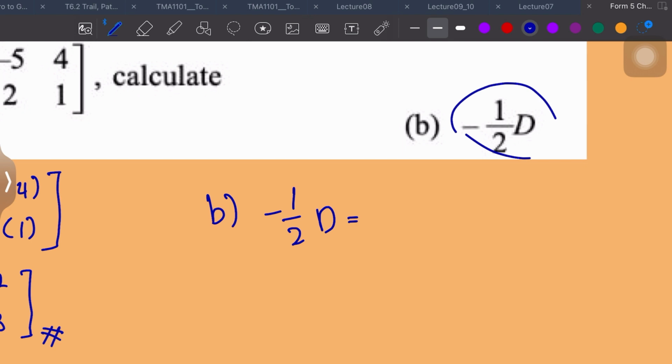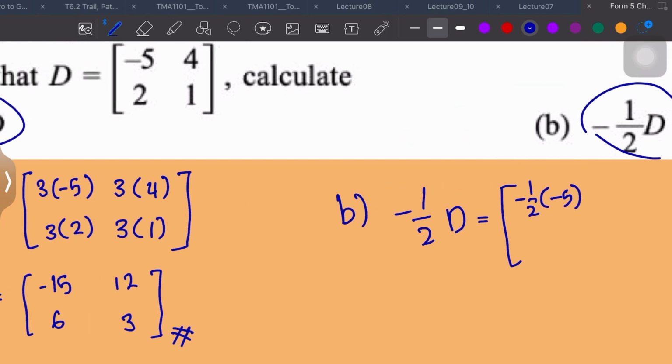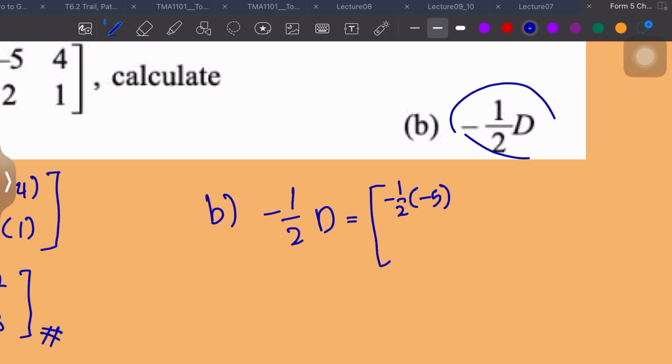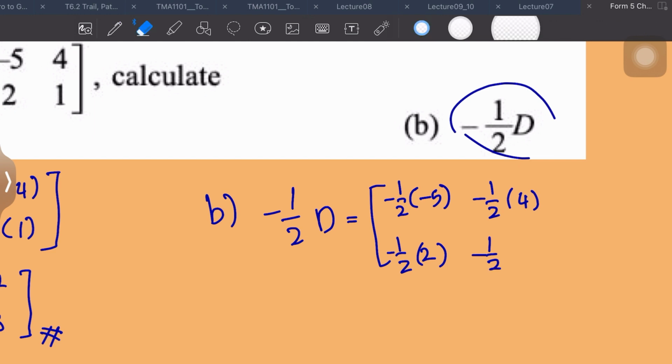D. So negative 1 per 2 multiplied by negative 5, 4, 2, 1. Negative 1 per 2, 4. Oh, sorry. 1.